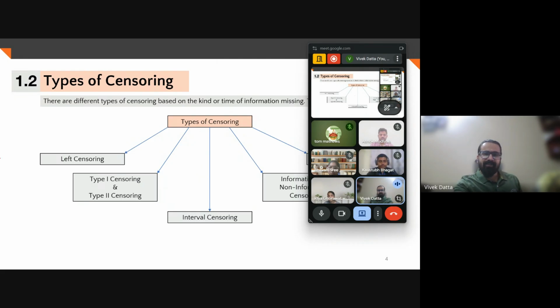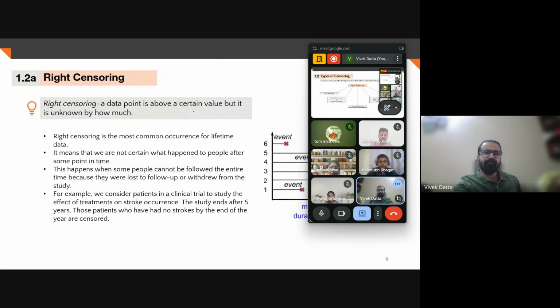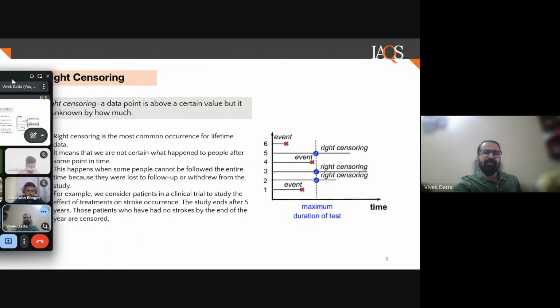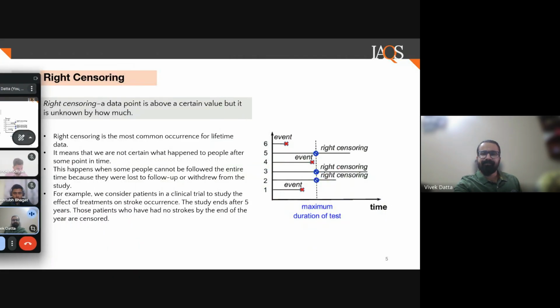Now, so what are these? Let's see what right censoring means. Right censoring means that beyond a certain point, I stop getting your information.